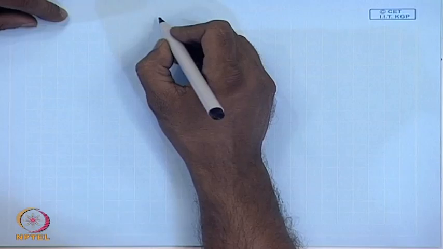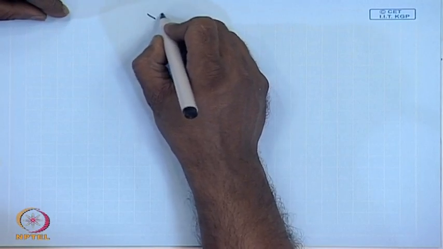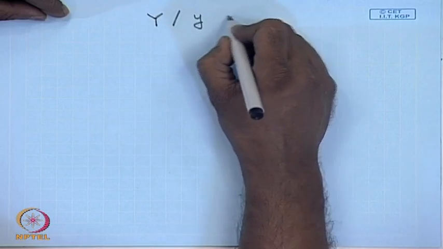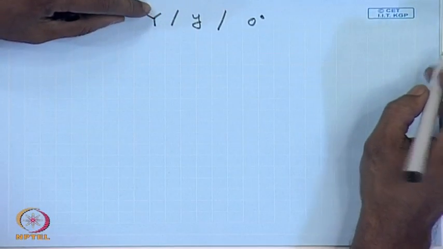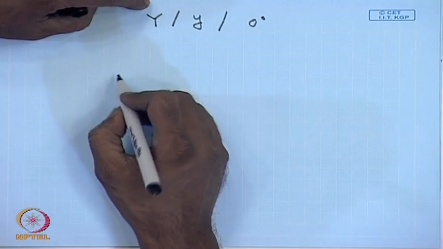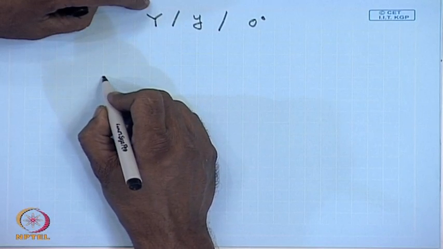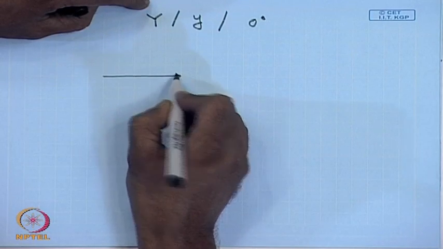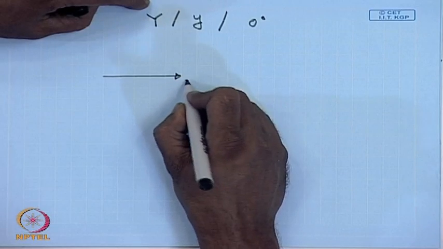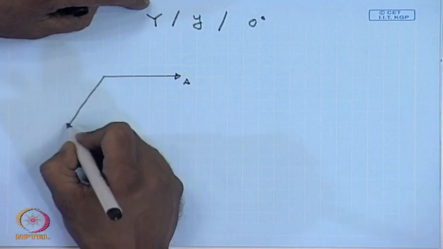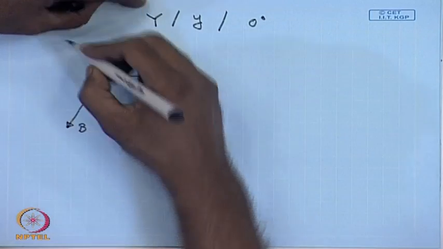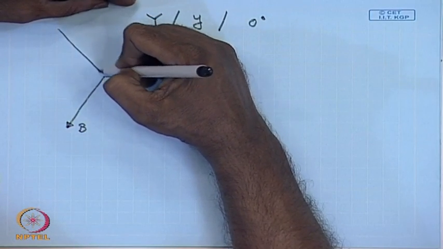Let us start with the simplest one, that is y 0 degree. So, how will the y 0 degree line to neutral phase voltages phasor diagram look like? Let us say this is phase A of the high voltage side, and this is phase B of the high voltage side, this is phase C of the high voltage side.